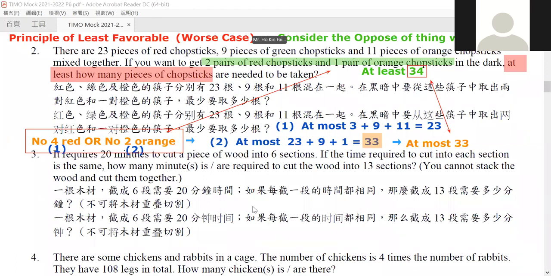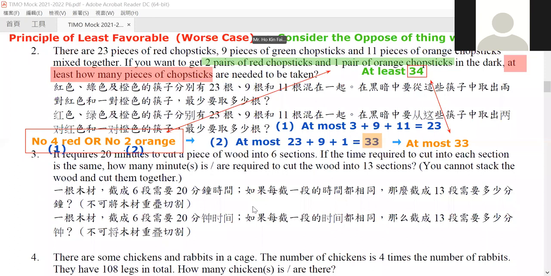This is the principle of the least favorable. We consider the direct opposite of it. We find out the things that it can have at most, and the direct opposite of it will be the things that will satisfy our green, because our green and the orange are direct opposites of each other.